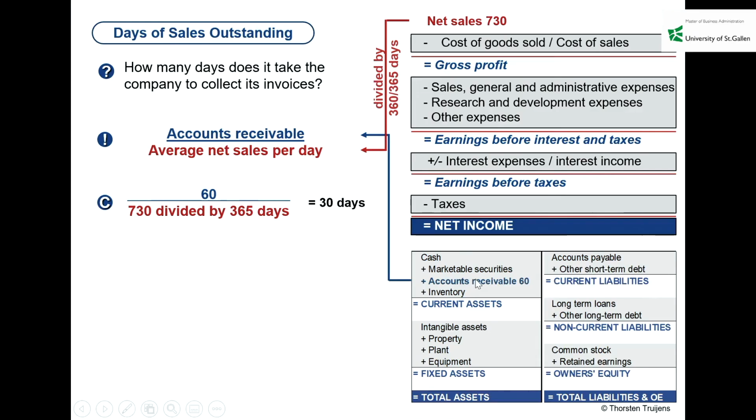Then I square this with my accounts receivable. You can see we have accounts receivable of 60. So I have $60 of unpaid invoices. $60 divided by the $2 per day means the $60 represent 30 days of average sales.